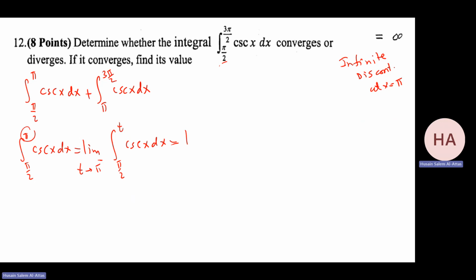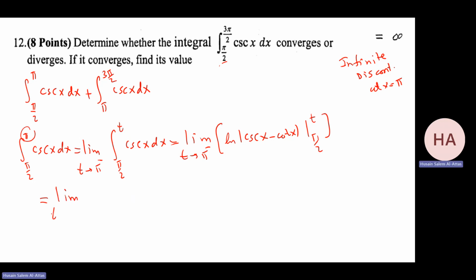Yeah, that will be limit t goes to pi from left of ln cosecant x minus cotan x, from pi over 2 to t. That gives me what?